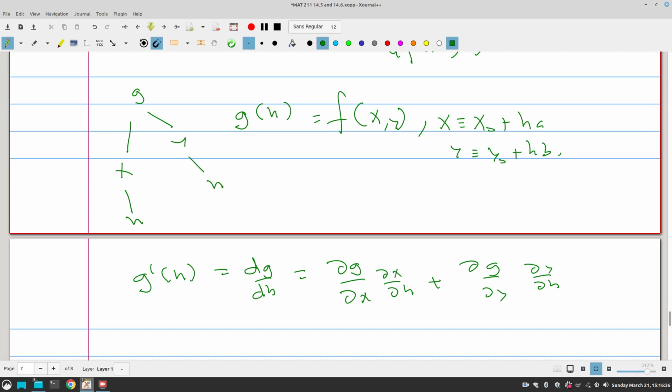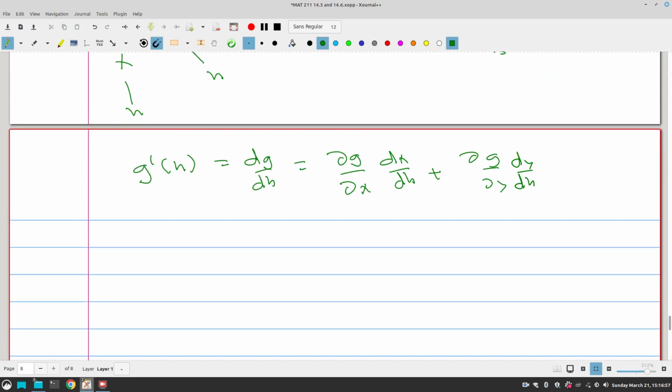So as a matter of fact, instead of partial x over partial h, you can write dx over dh, and here dy over dh. Now what is partial g over partial x?